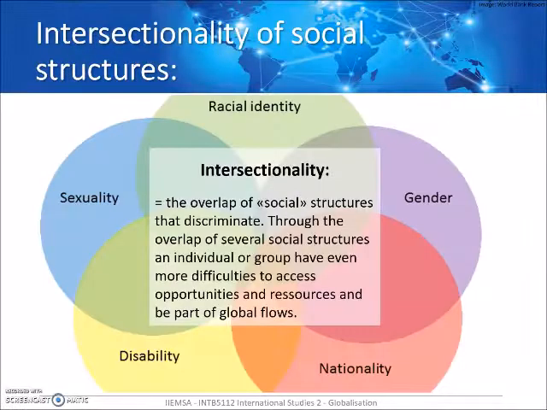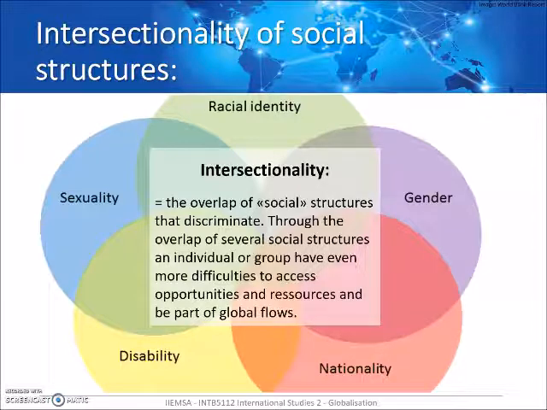And this links us to another concept which you might have heard from social studies, which is the intersectionality of social structures. Now, intersectionality is basically the overlap of social structures that discriminate, right? So for example, a black woman from a rural area, right?